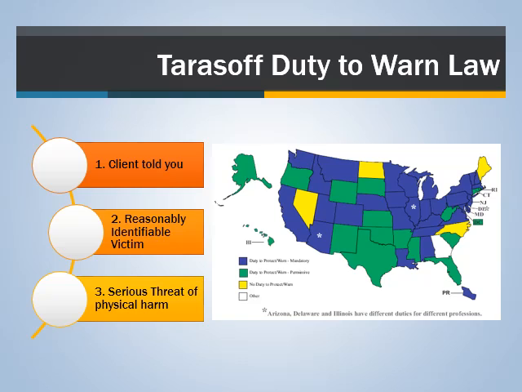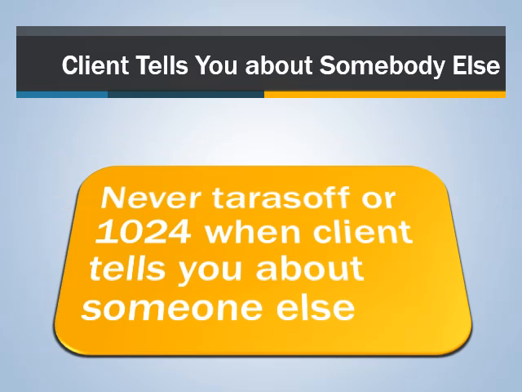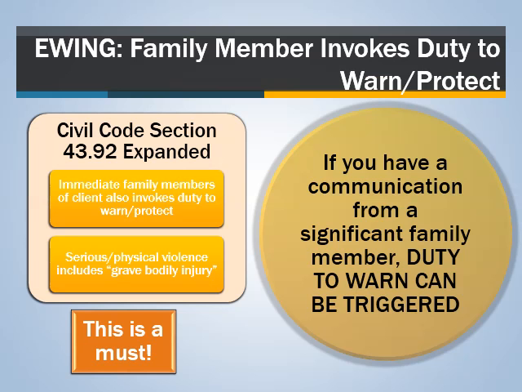Another thing to know is the client has to tell you about this. So if the client tells you about somebody else who is going to kill this person, you can't break confidentiality there.